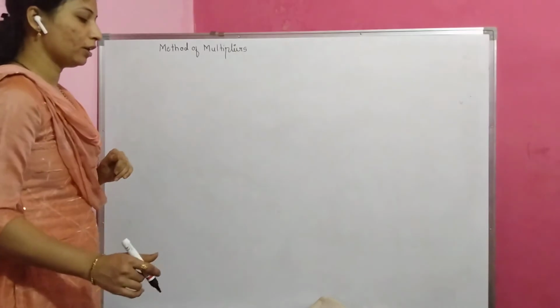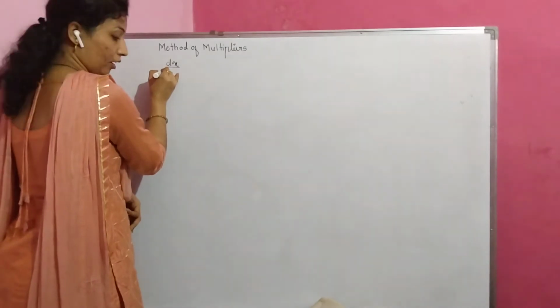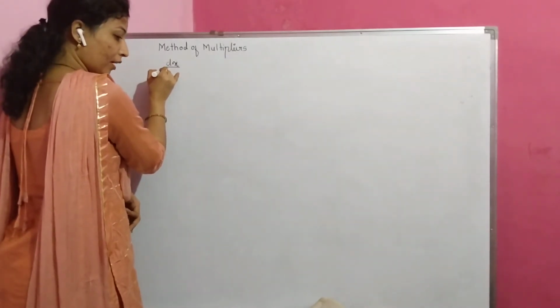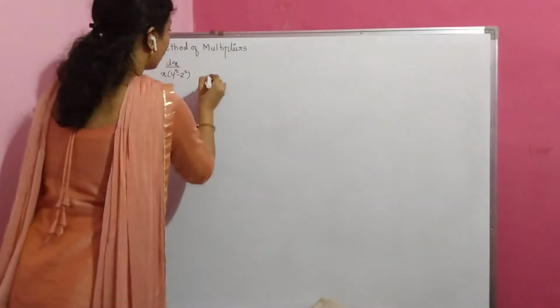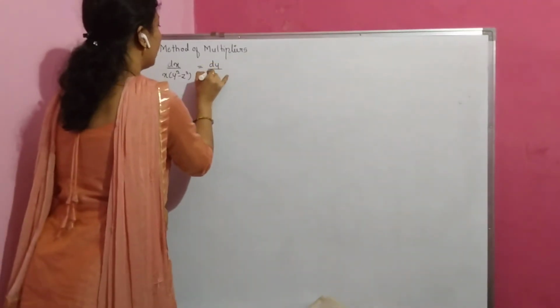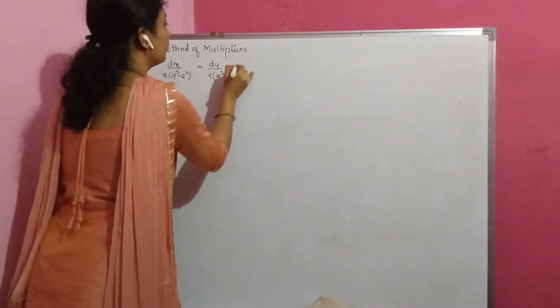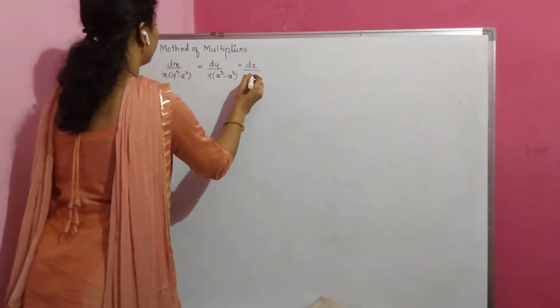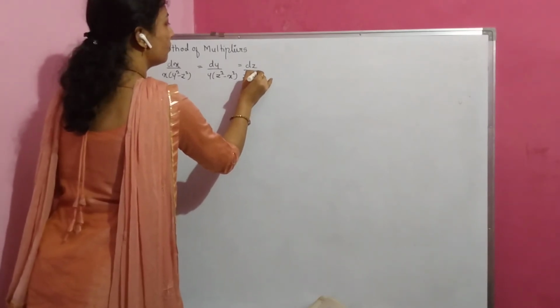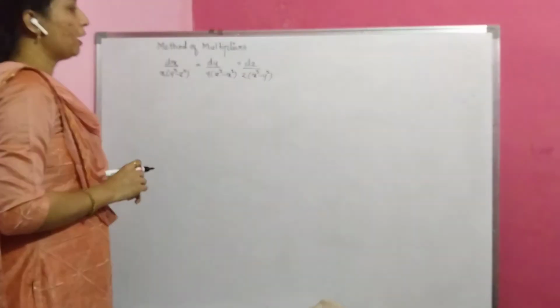For this we consider one example, that is dx divided by x(y square minus z square) is equal to dy divided by y(z square minus x square), which is equal to dz divided by z(x square minus y square).